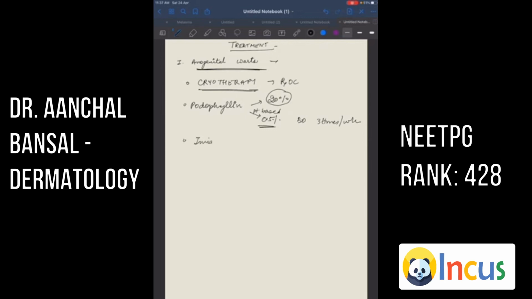Another very popular therapy is imiquimod 5%, which is also patient based. It is mainly an HS application. The patient has to apply it overnight, wash in the morning, and apply 3 times per week, every alternate night.